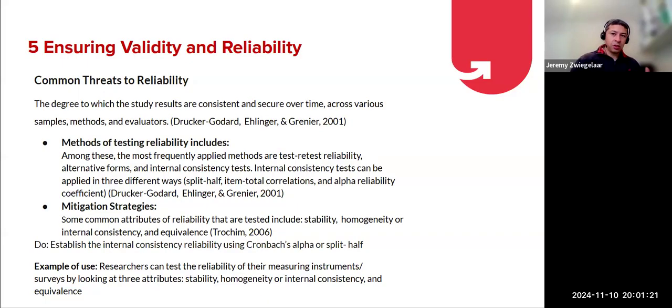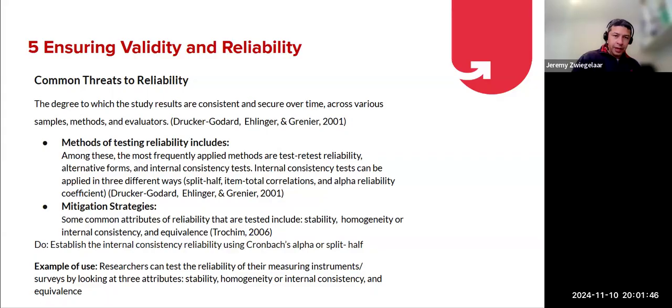We have internal consistency checks. So we split the sample. We can have split half in terms of the questions. We'd ask the first half, and then we split it so that the second half or second group does the first bit and so on. So we'd have that measure of reducing what's known as order effects.